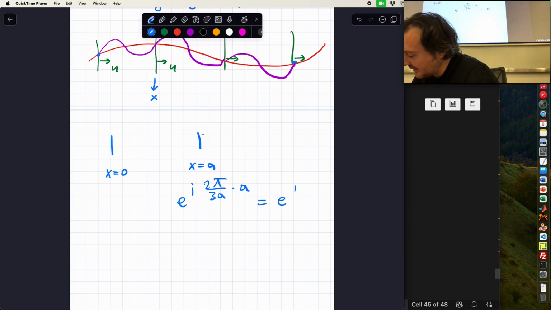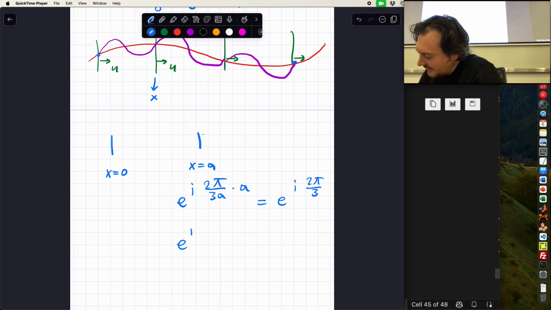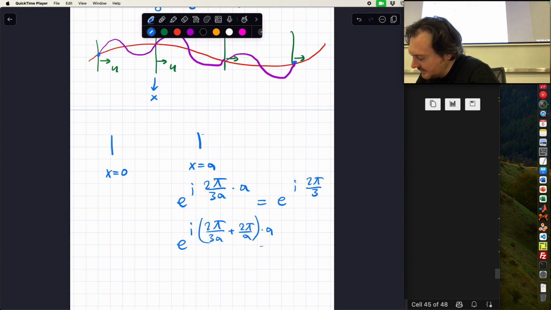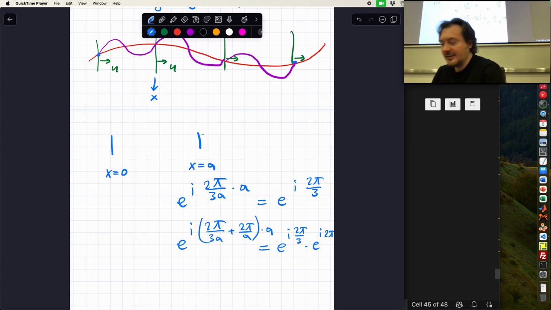E to the i times 2 pi over 3. Now what happens if I have e to the i times 2 pi over 3a plus 2 pi over a, times a? I get e to the i 2 pi over 3 times e to the i 2 pi. And what is e to the i 2 pi? 1. Do you see you get the same thing?